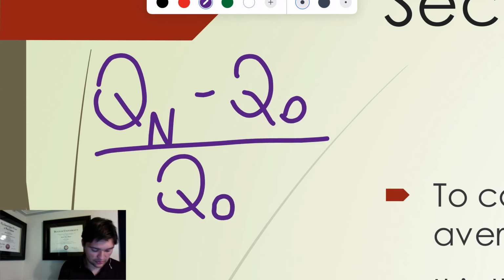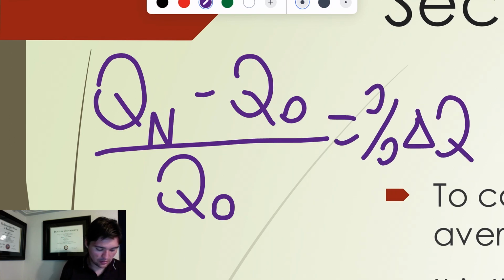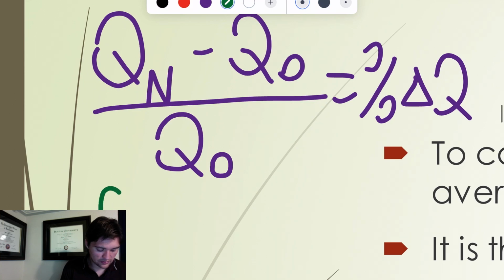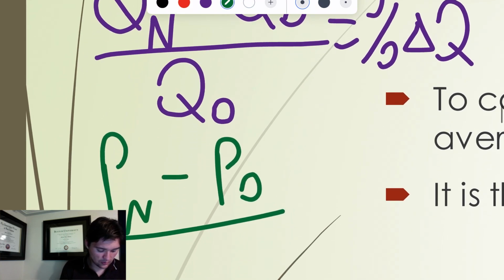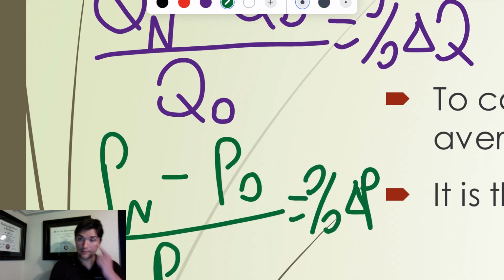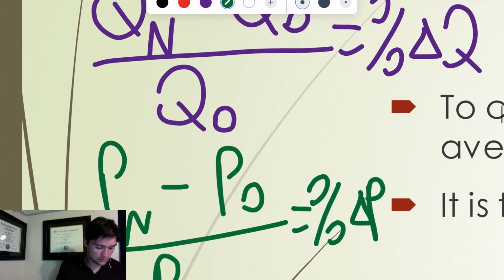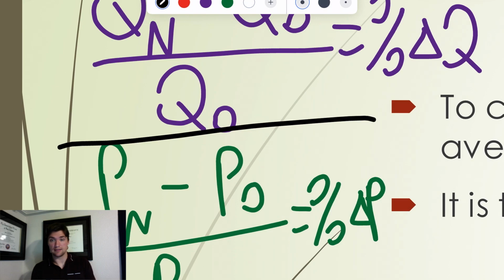That's the percent change in quantity. And now we have the new price minus the old price divided by the old price. So that's what we have here. And then we're going to divide those two, and that gives us elasticity. So that's what we did earlier.